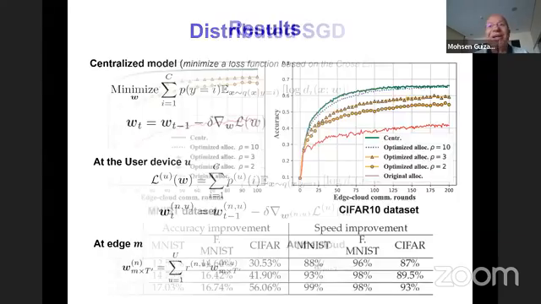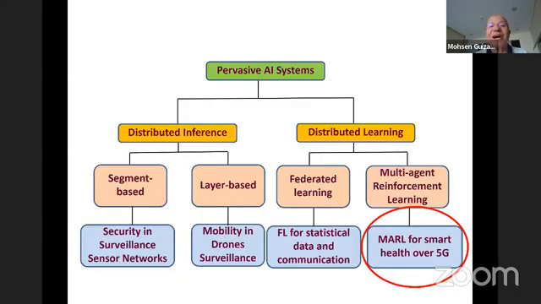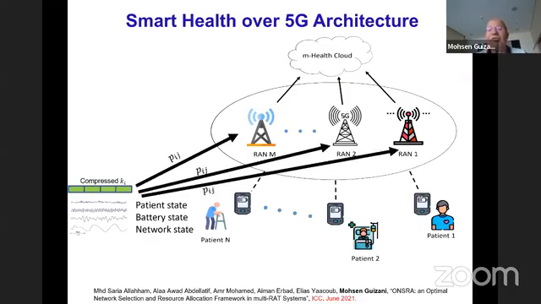So with that improvement of hierarchical federated learning in mind, let's move on to another application, which is a smart health over 5G architecture. We want to use reinforcement learning now for smart health. In this situation, you have different patients, or users, and a network of different sizes.